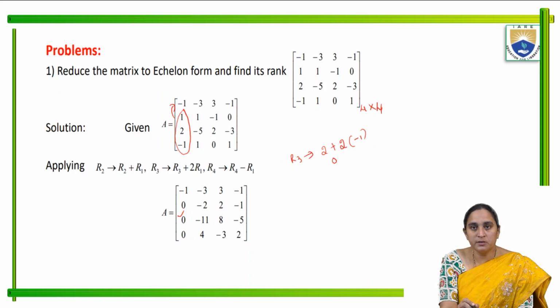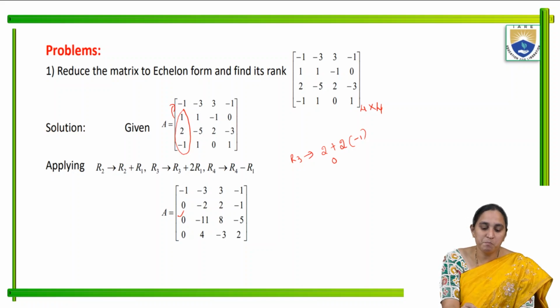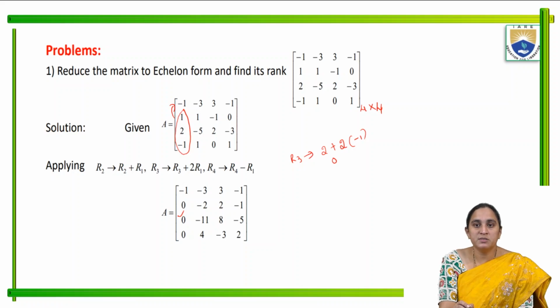Okay. Next, not only the first elements, we have to use that row operation for the complete row. And for R4, I'll make the first element 0 with respect to R1. For that case, I'm using the row operation R4 - R1. That means -1 minus of -1, -1 plus 1 is 0. Then here directly the R2, R3 and R4 first elements are zeros.